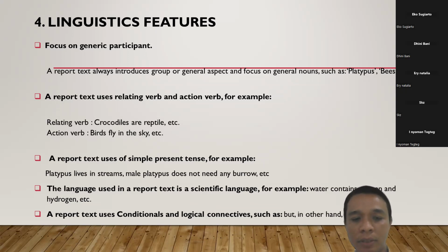And then a report text uses conditional and logical connectives such as but, in other hand, etc. So the use of connectives is really dominant. The connectives, maybe what we call conjunctions, like but, in other hand, are really needed to make the sentences in report text understandable.